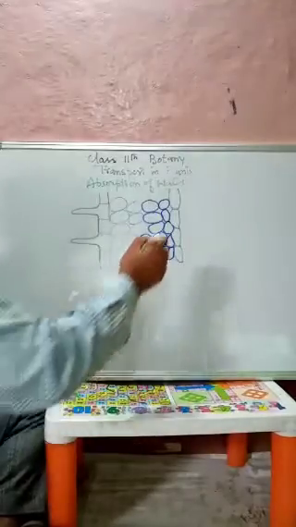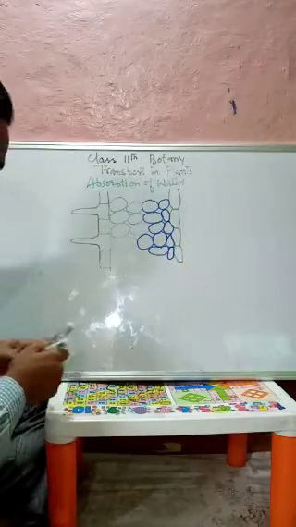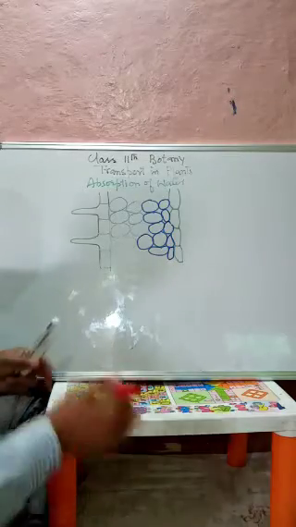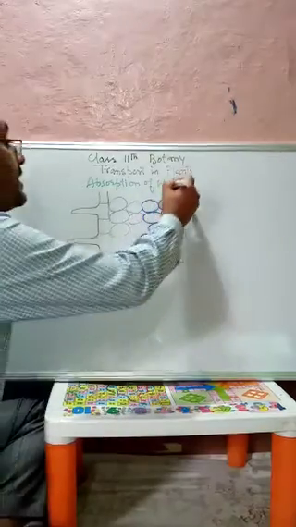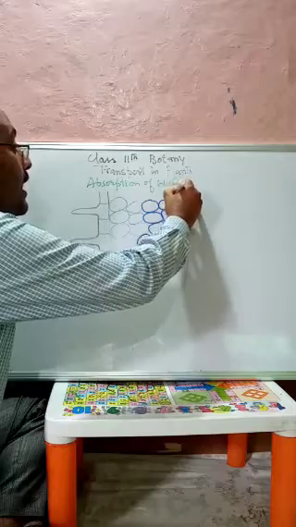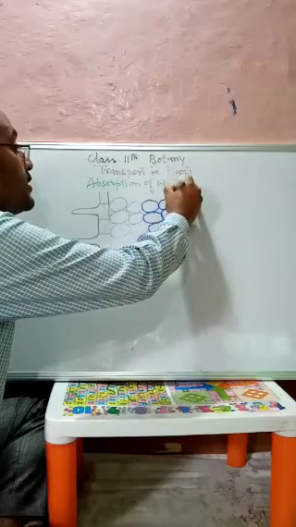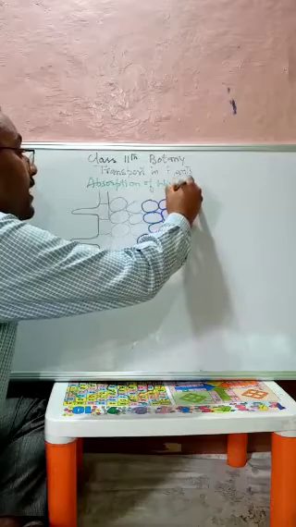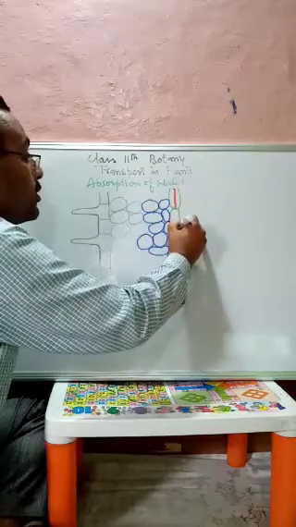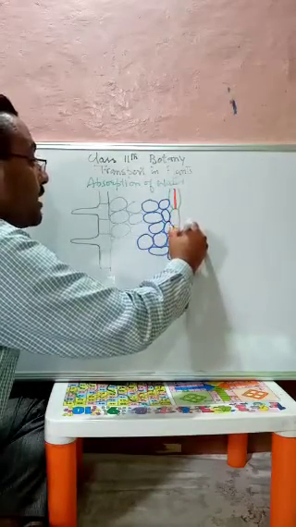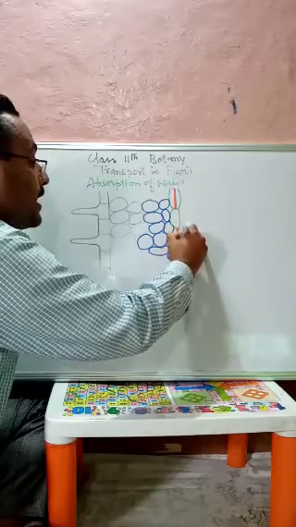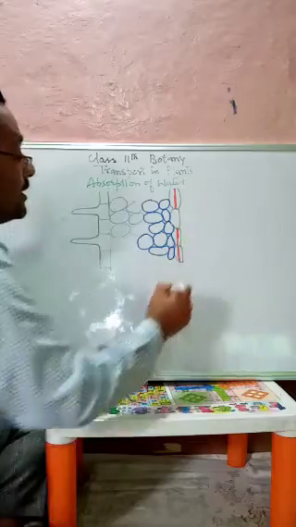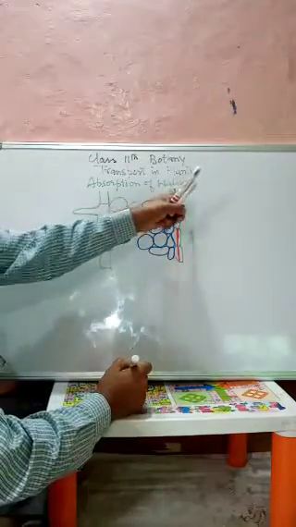Now this endodermis has some barriers inside. It has a layer of suberin, and this suberin does not allow the water to move. But there are some cells where no suberin is found. This is impervious to the water.